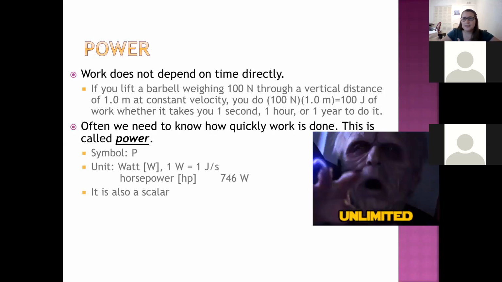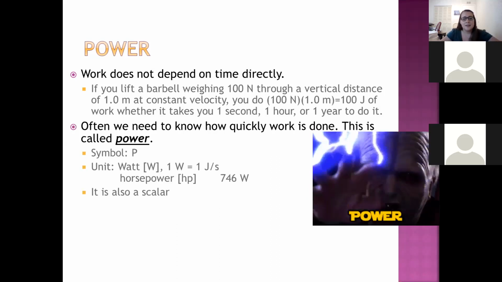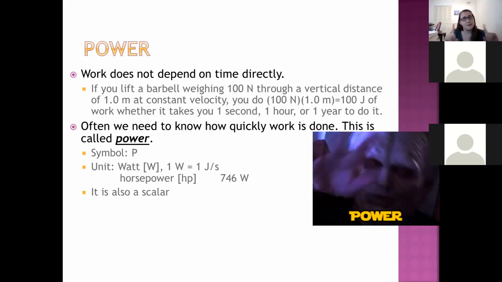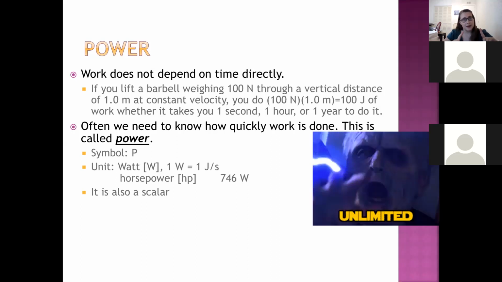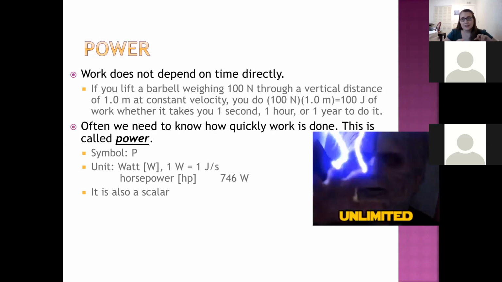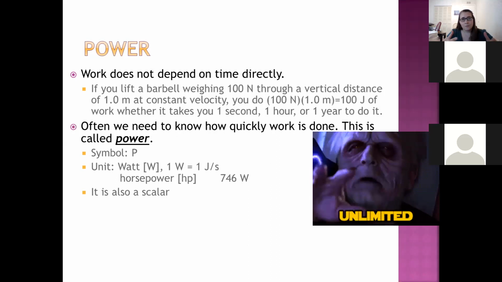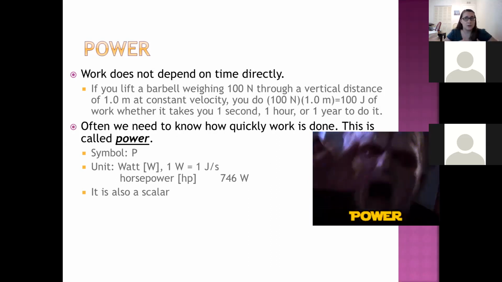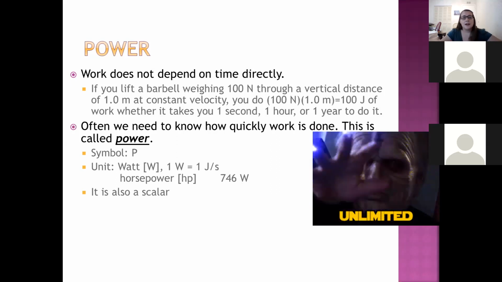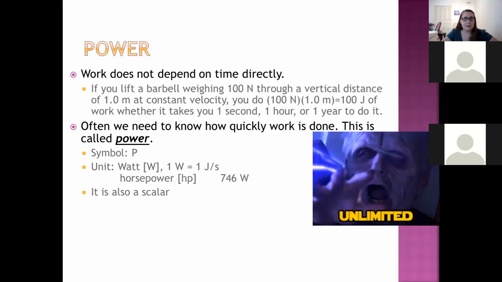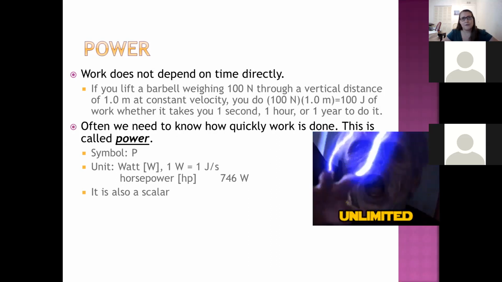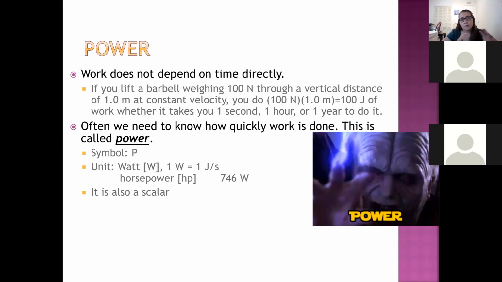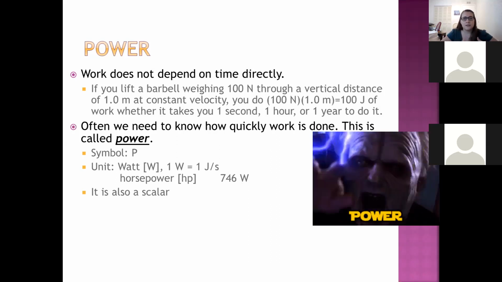So the symbol for power is capital P, and the unit is watts, which is capital W. Now, careful here because the symbol for work is also capital W, and those two things are like work and watts. We're using them in the same chapter, just like we did with normal force and newtons, which are the symbol capital N. We are just running out of letters here, so just be careful about whether you're using W as a variable for work or as a unit for watts.